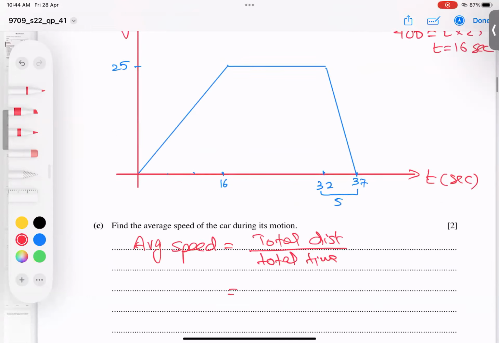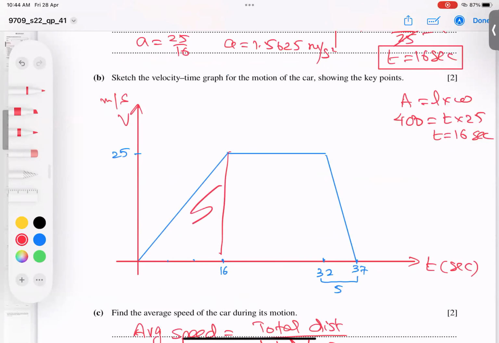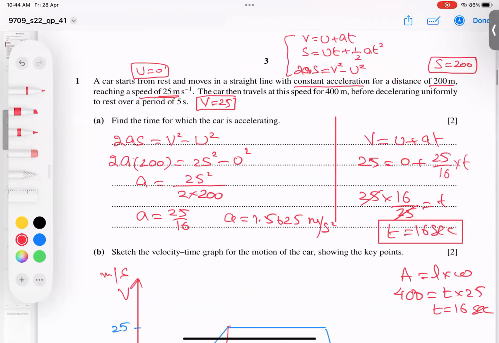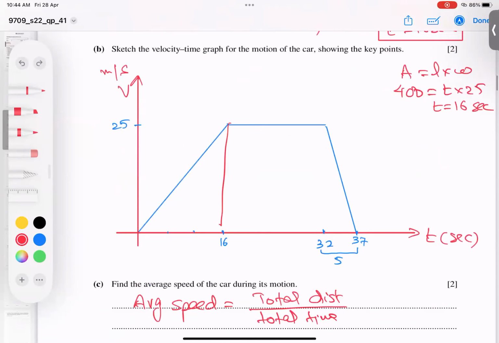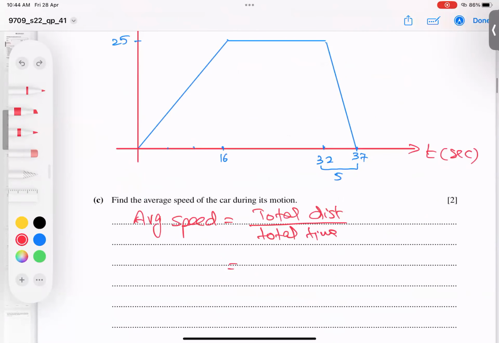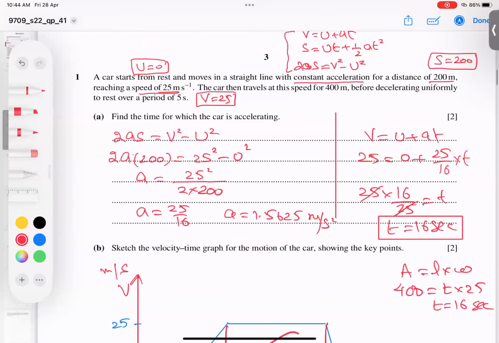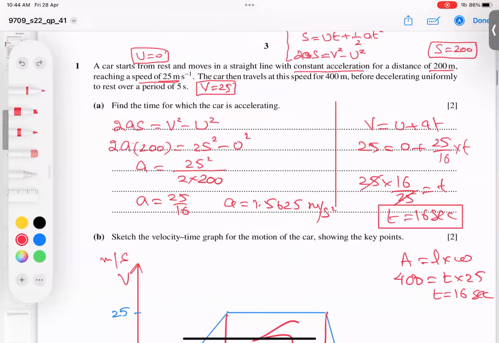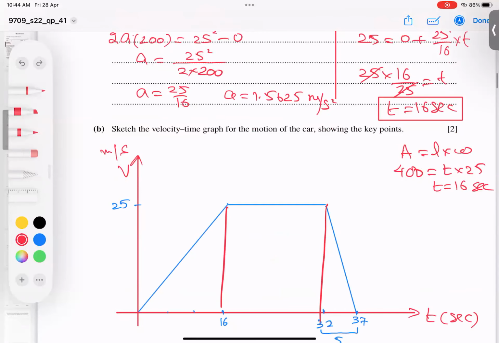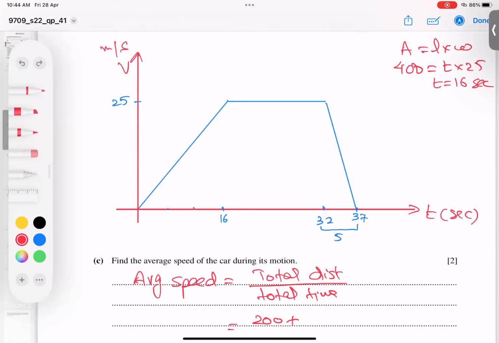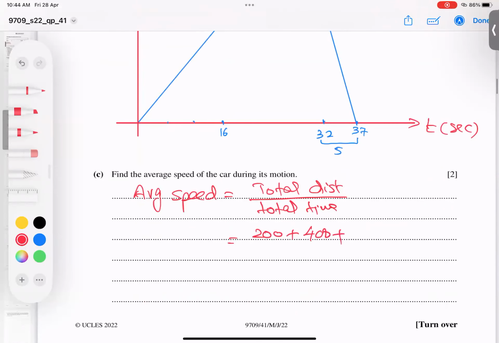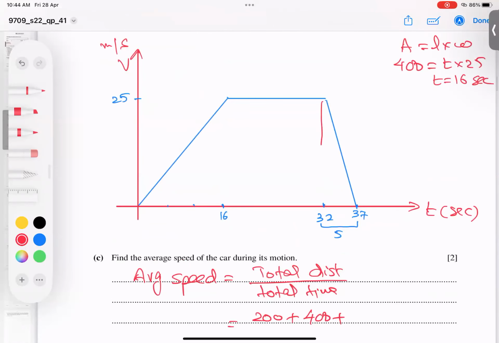Now, total distance. How much? The first triangle distance we know: 200. So no need to find it. This rectangle area we know: he mentioned 400 meters here, even I use 400. The last triangle is left behind, this area I'm looking for.